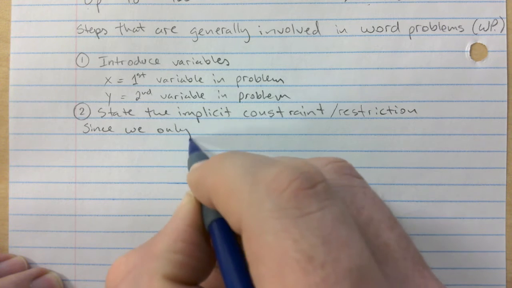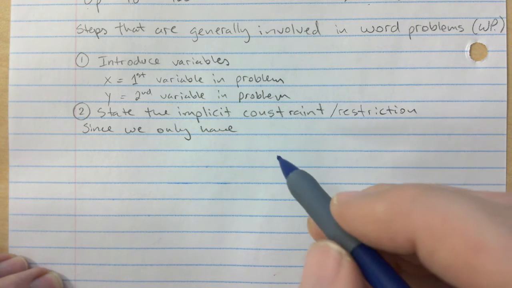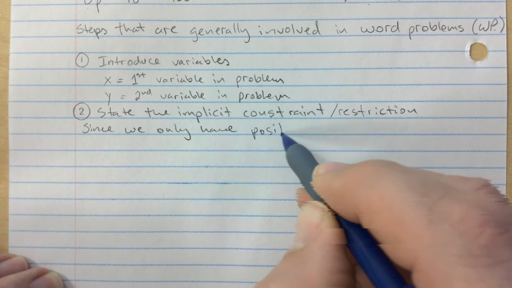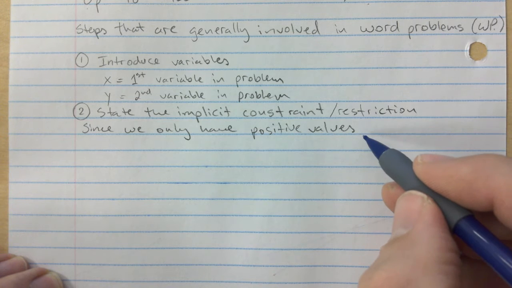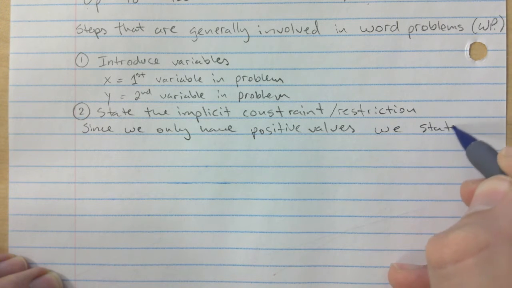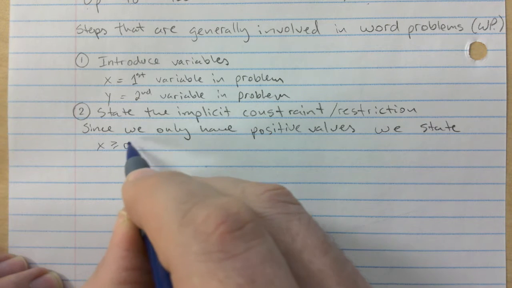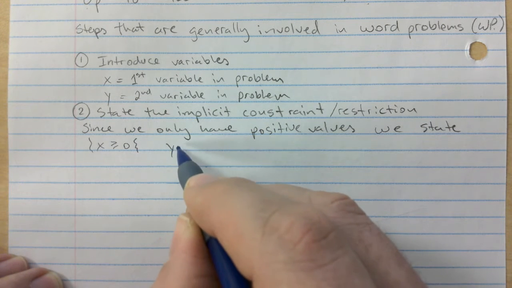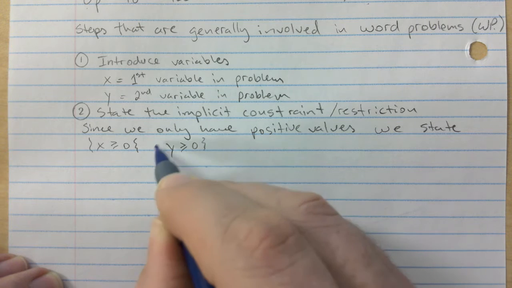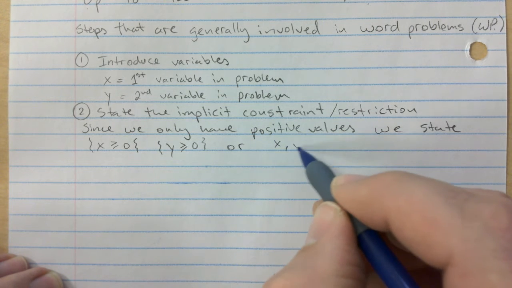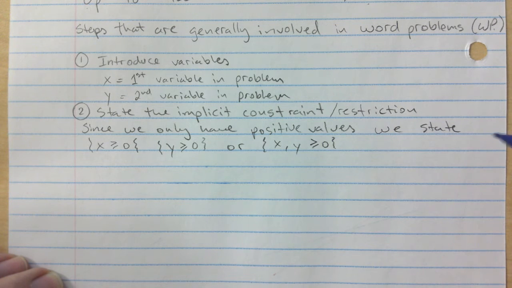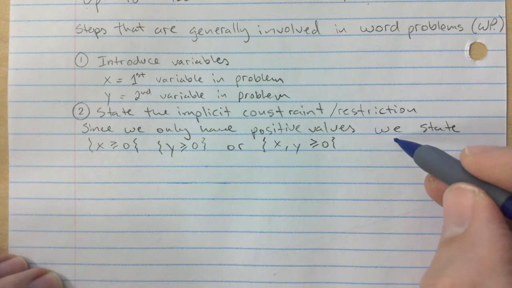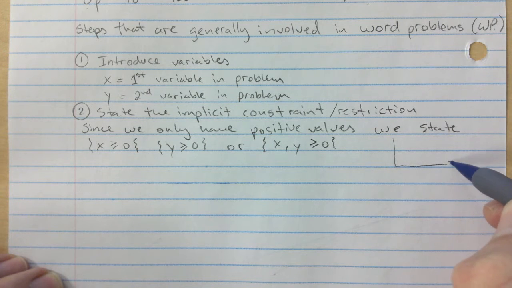Since we only have positive values, we state x is greater than or equal to 0, y is greater than or equal to 0, or you can write it in one shot like this. And that's because we are stuck to quadrant 1, right?